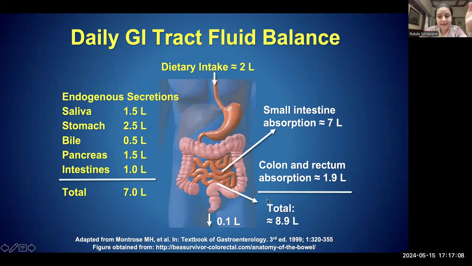So that is a total of 9 liters of fluid which is going inside, out of which the small intestine absorbs around 7 liters, the colon around 1.9. So a total of 8.9 gets absorbed, 1.1 is excreted out of the gut. So this is the normal fluid balance in the gut.